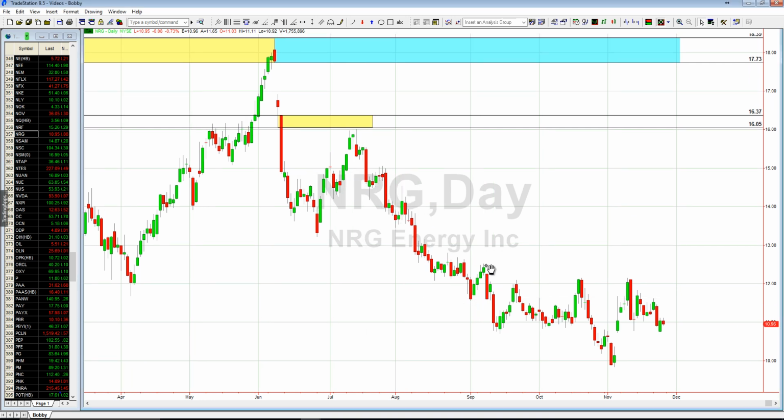Now, obviously, there's lots of areas here where you might be tempted to plot a supply zone. Here's one here, maybe even this one here that held, but these aren't big, strong moves.